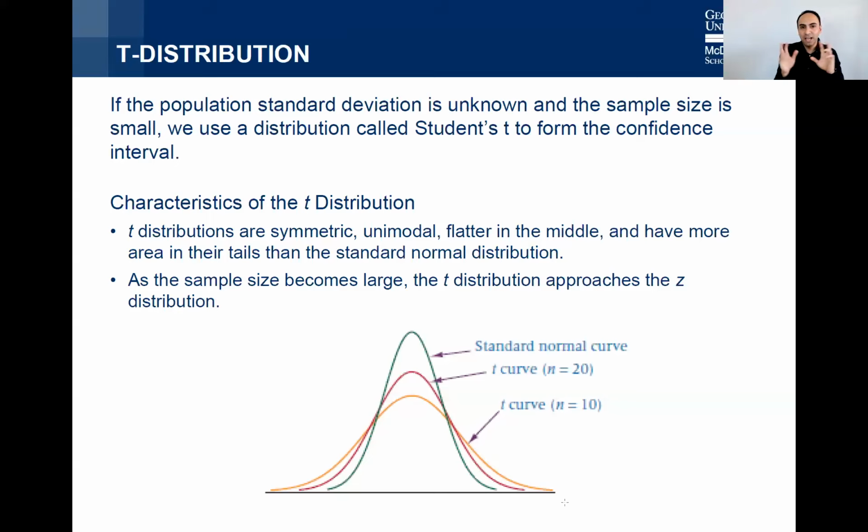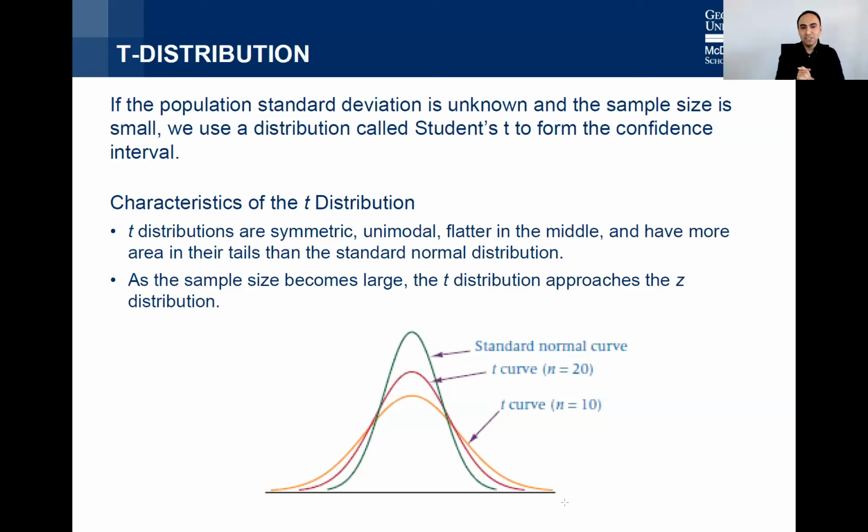So he published it as Student. He called himself a student, and the Student t distribution became known as the t distribution. I think it was Gosset. I'm not sure if that's the right answer, but you could look it up. It has an interesting story.